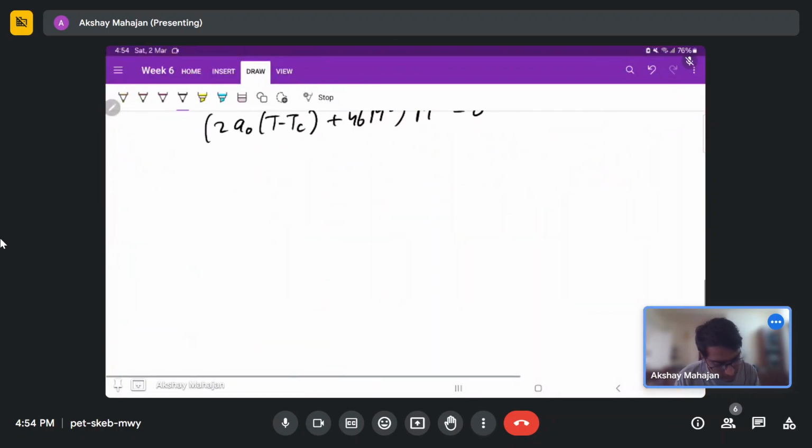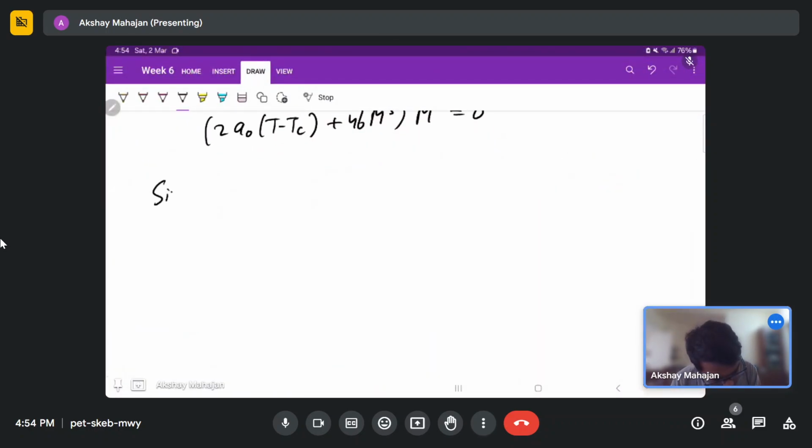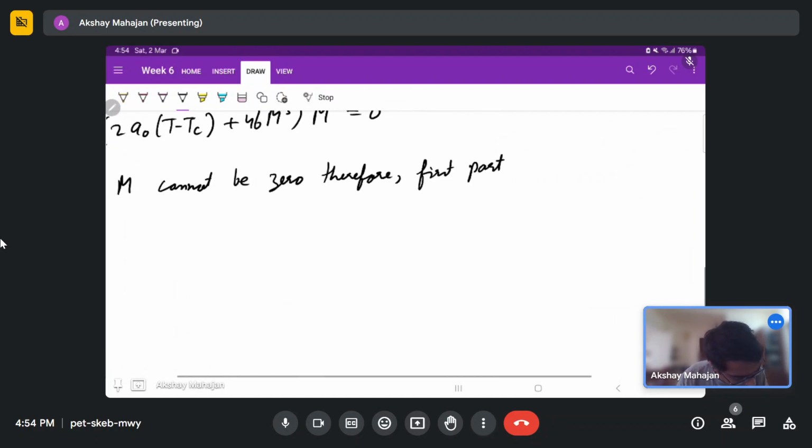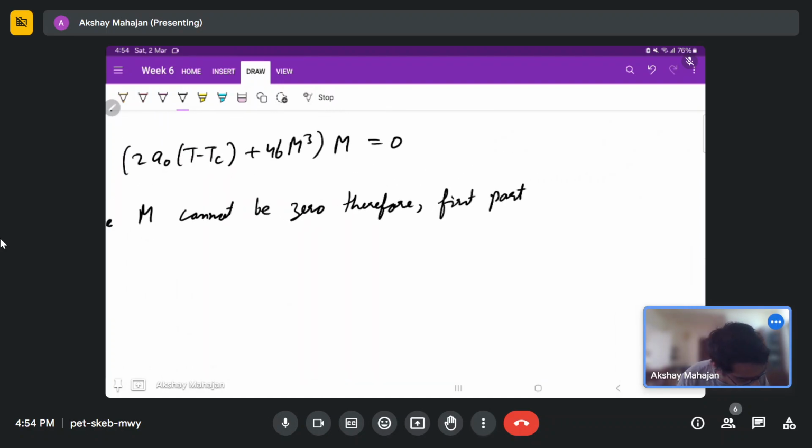Now since m cannot be 0, therefore the first part must be 0. Okay, so the first part here must be 0.